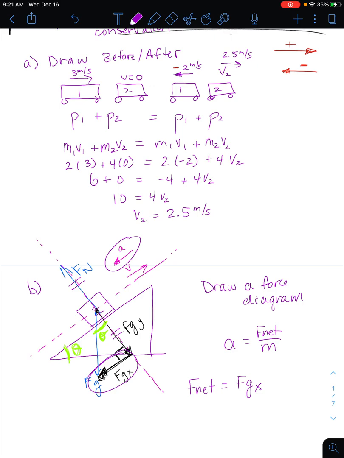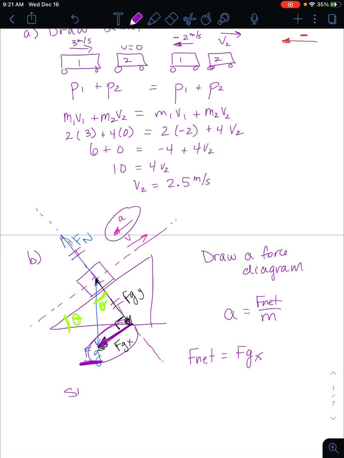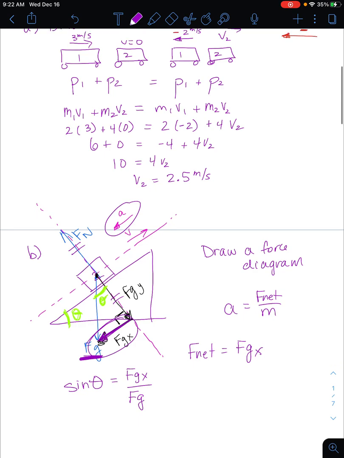And when I'm solving for my FGX, I'm going to use some right triangle trig, but I also need to solve for my force of gravity here. I'm going to know my force of gravity as the hypotenuse, and I'm going to be solving for this opposite side of FGX in my right triangle. So what I can do here is I can say that the sine of theta is equal to my opposite, which is FGX, over my hypotenuse, which is FG.